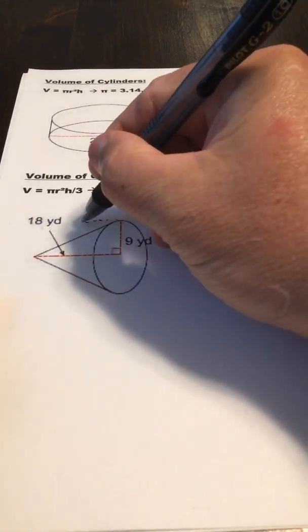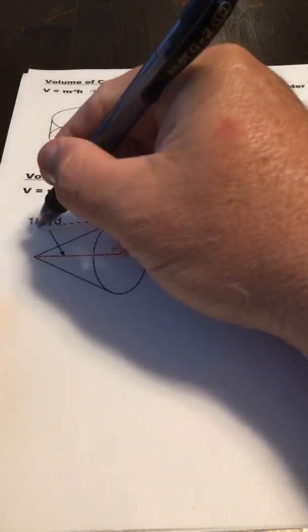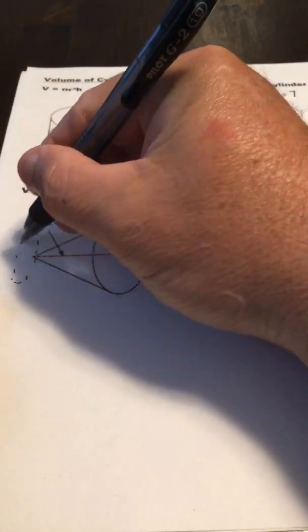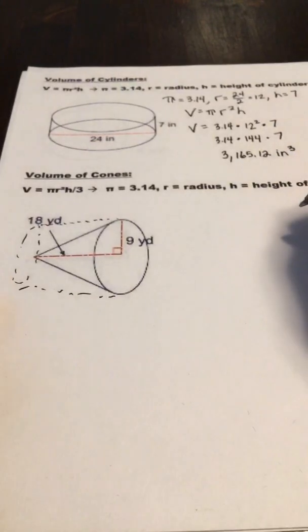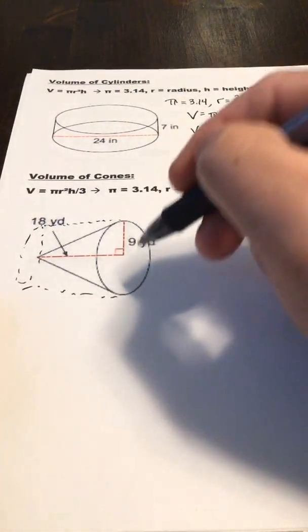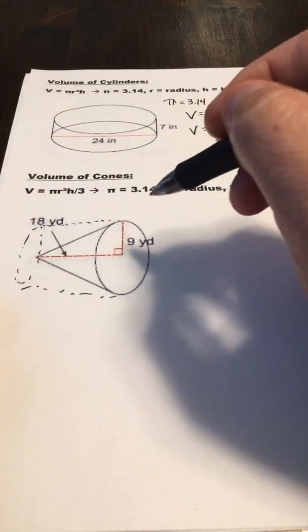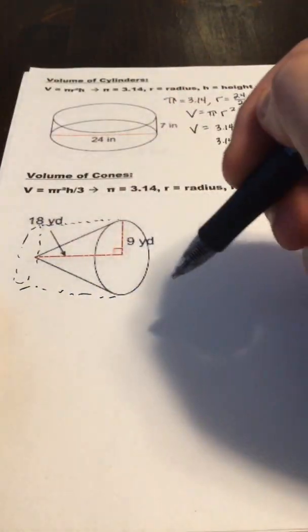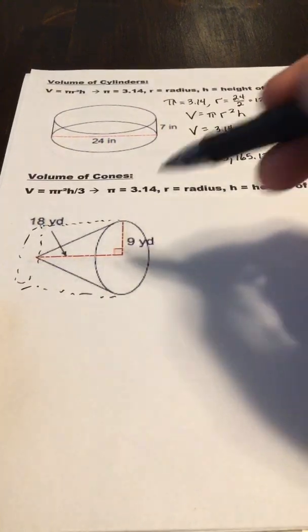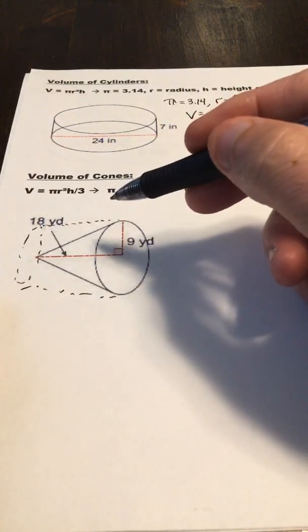If I extend this here, and do this right here, and this right here, it ends up being a cylinder. What you're basically doing with a cone is cutting one-third of that cylinder off. So that's why we divide by 3.